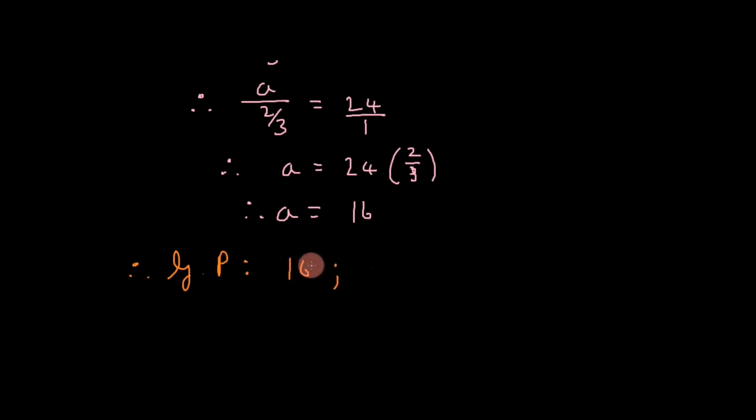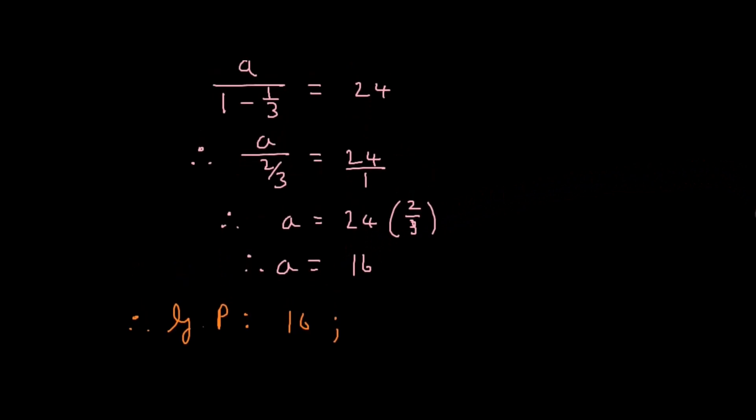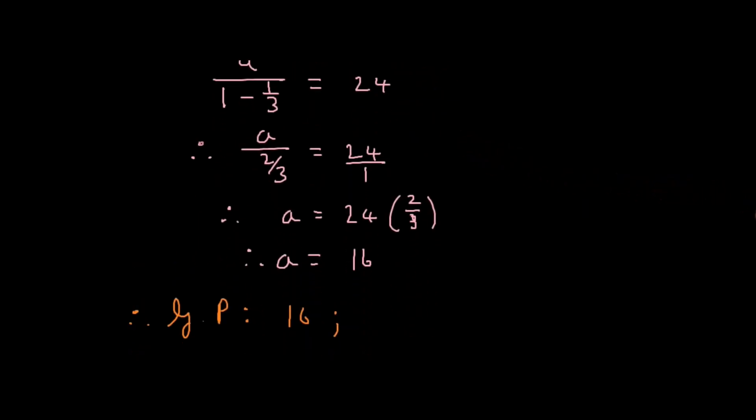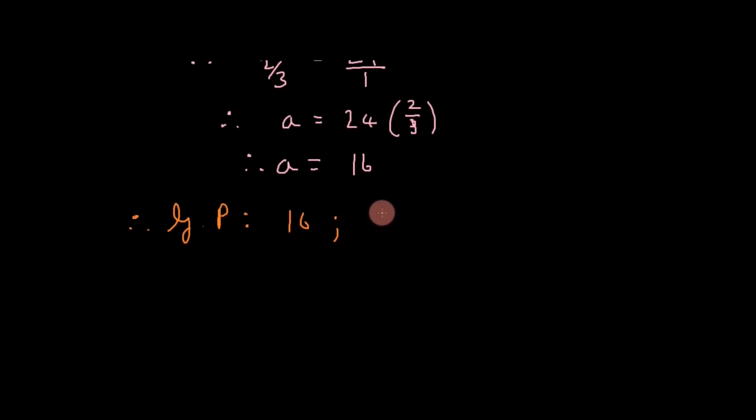That's the first term. And then to get to the second term, we multiply by r. And we saw that r was a third. So 16 times a third is 16 over 3. And then 16 over 3 times a third is 16 over 9, and so forth.